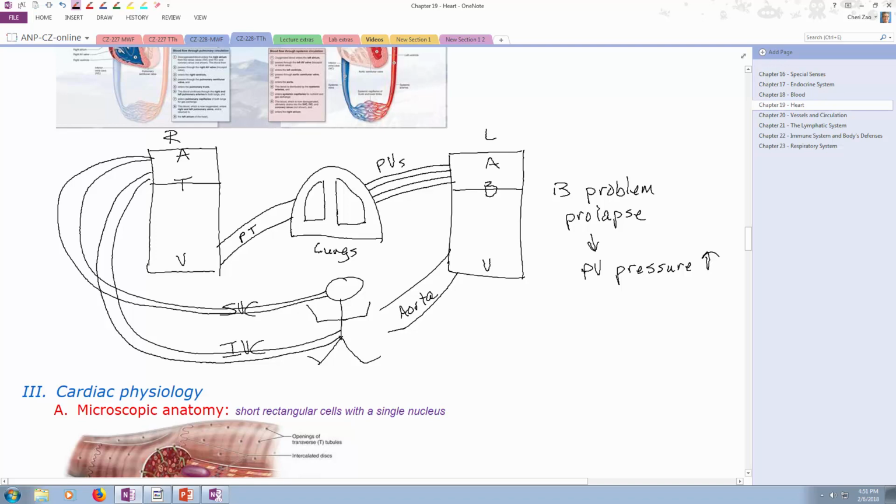Can you guys follow me with that? Capillaries are very delicate structures and they're not designed to handle backup. They don't back up well, they leak. And when these leak, if we have increased pulmonary vein pressure, we end up with leaky lung capillaries. And when you listen to their lungs, what do you hear? You hear crackle, crackle, crackle.